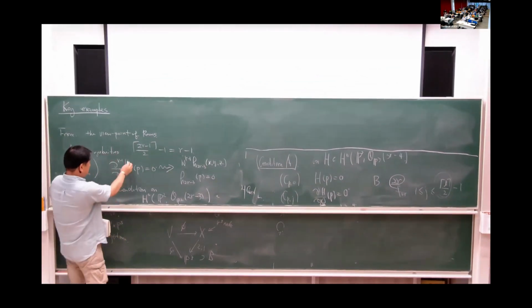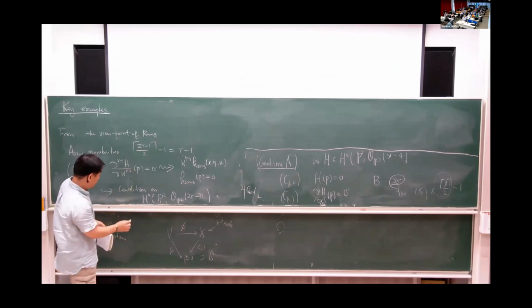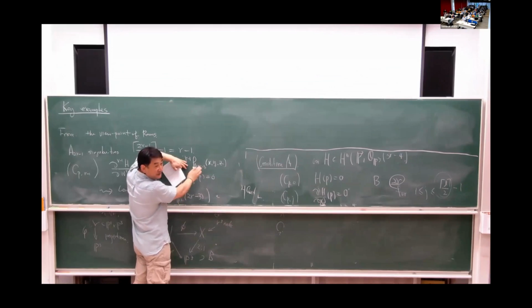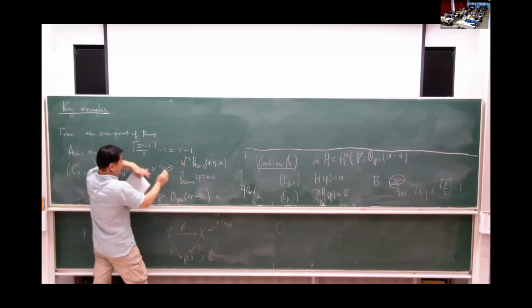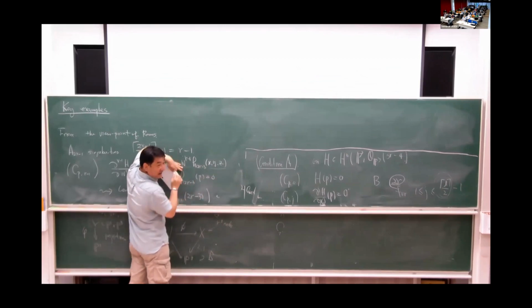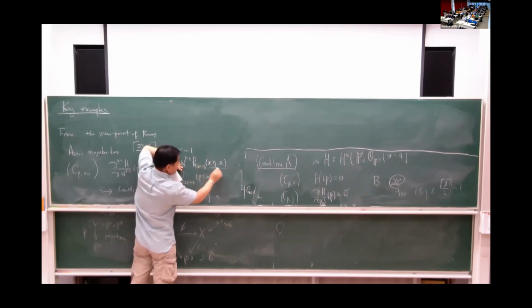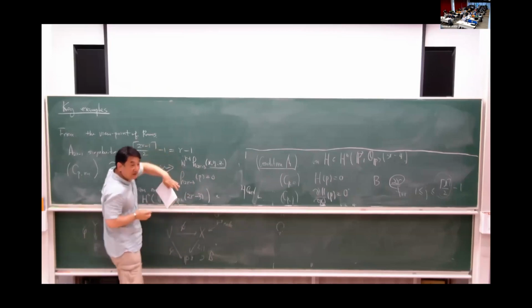What is this small one? This is just some polynomial. This condition cares about this type of polynomials, I mean the arbitrary polynomial of degree 2r minus 3 in these variables, right?